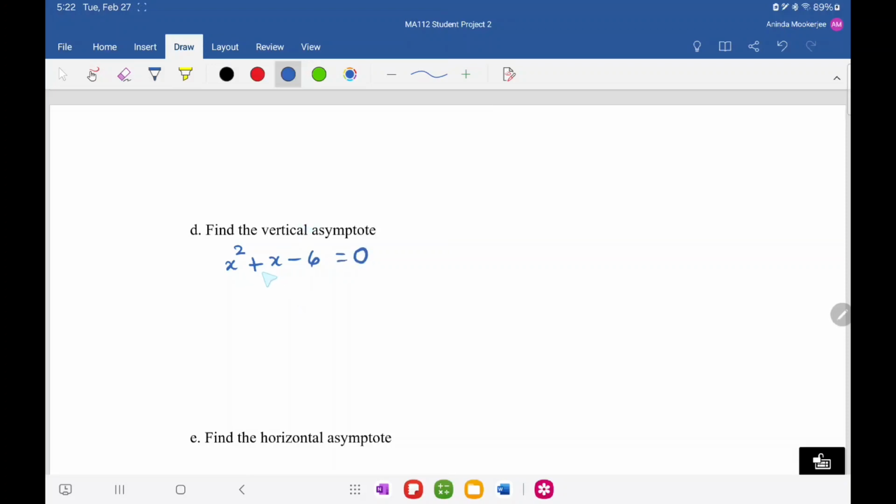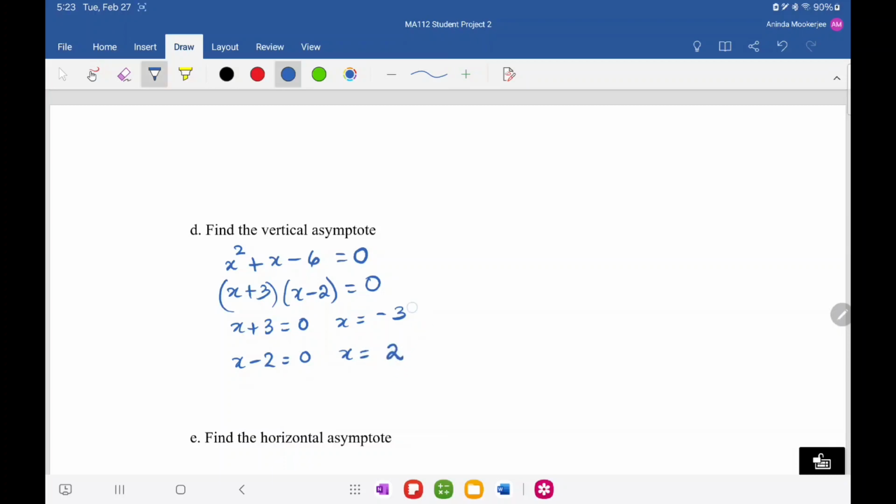Now this is a quadratic equation, so let's see if we can factor this. The factors will be x plus 3 and x minus 2, equal to 0. Make each factor equal to 0. So x equals negative 3 and x minus 2 equal to 0, x equals positive 2.